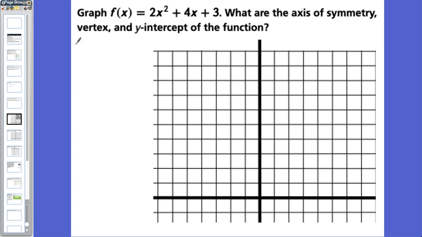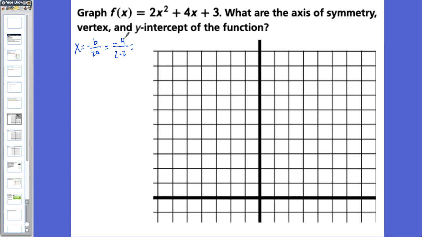So the formula, remember, is x equals negative b over 2a. And so all I have to do is plug in numbers. Negative b, 4, over 2 times a, so 2 times 2.